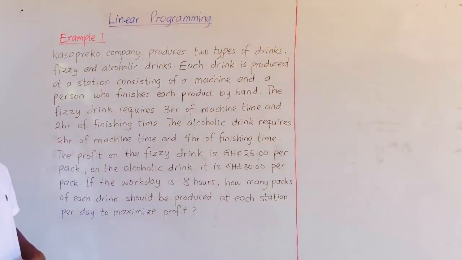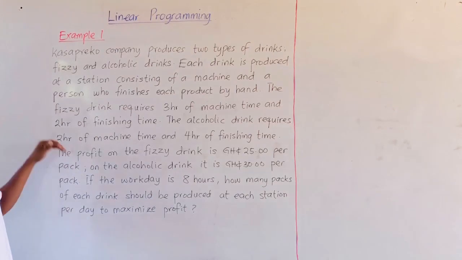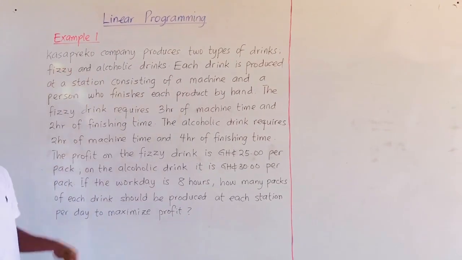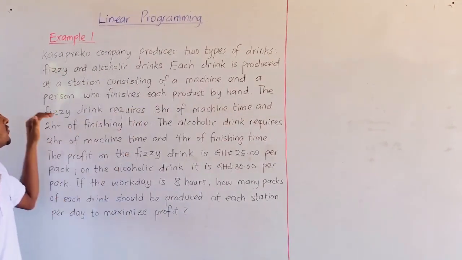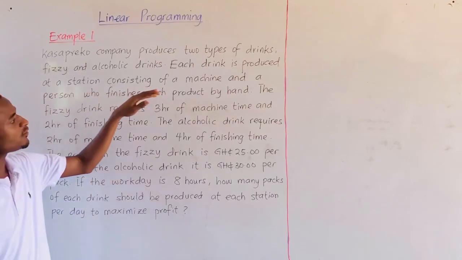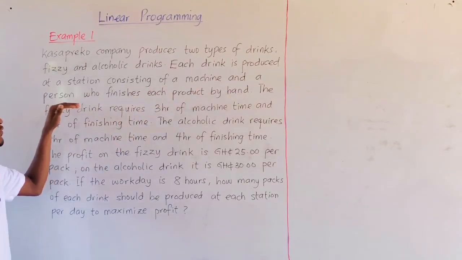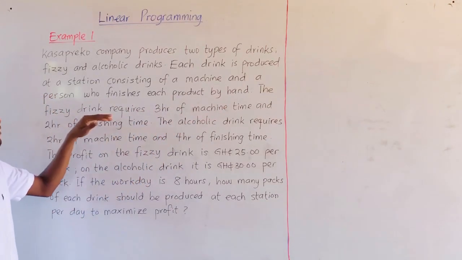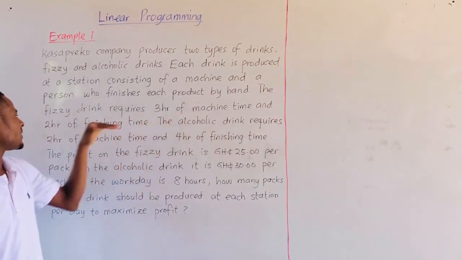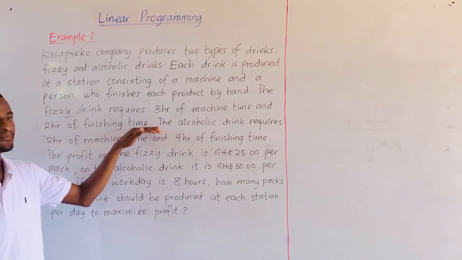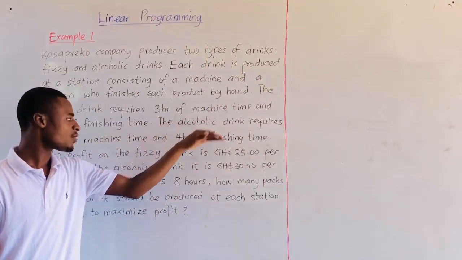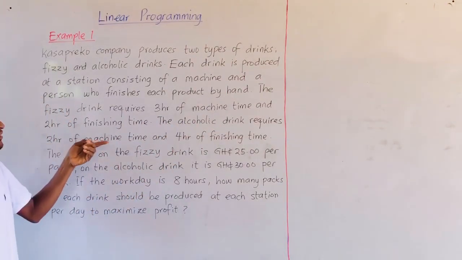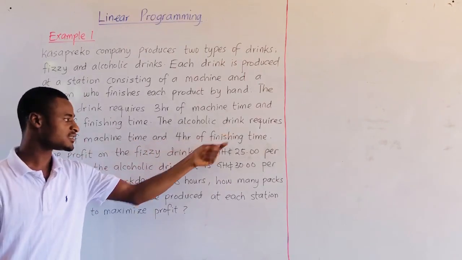Casapreco Company produces two types of drinks, fizzy and alcoholic drinks. Each drink is produced at a station consisting of a machine and a person who finishes each product by hand. The fizzy drink requires 3 hours of machine time and 2 hours of finishing time. The alcoholic drink requires 2 hours of machine time and 4 hours of finishing time.